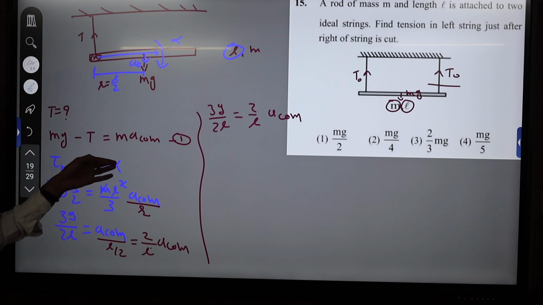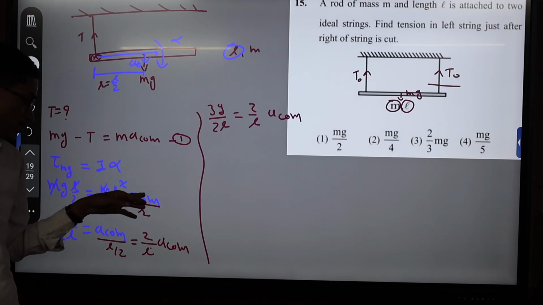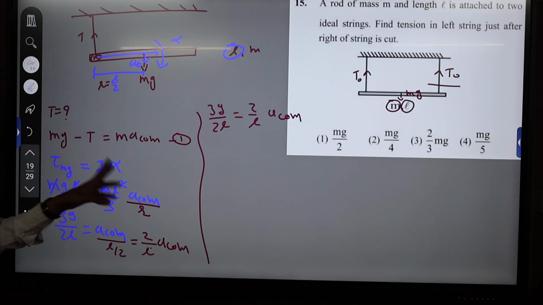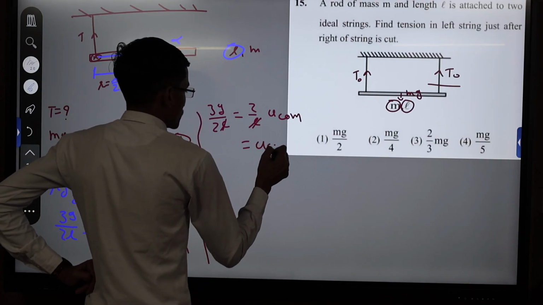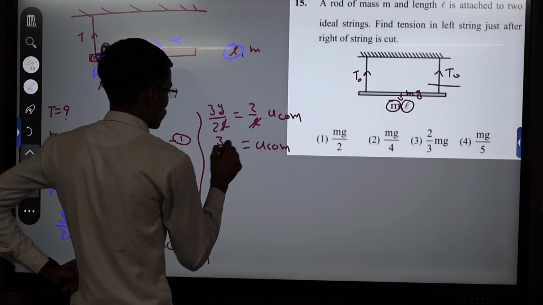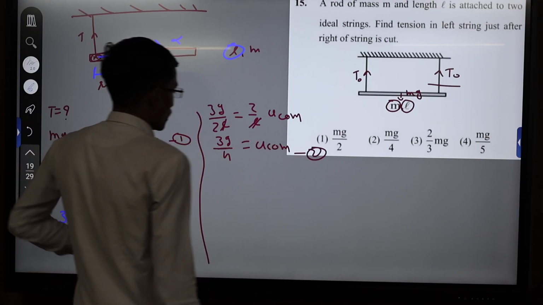Because I wrote alpha as a com, but we have to write alpha in the form of a com by R, and the tangential acceleration is in the form of a com. The L cancels, so a com will become 3g by 4. This is equation 2.